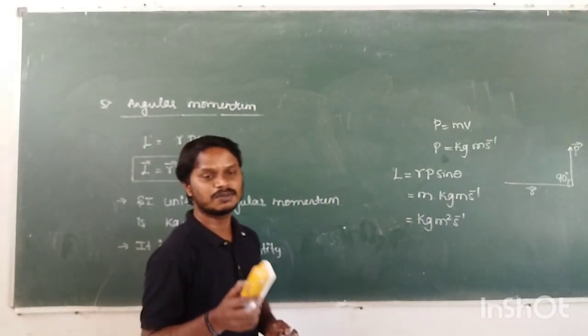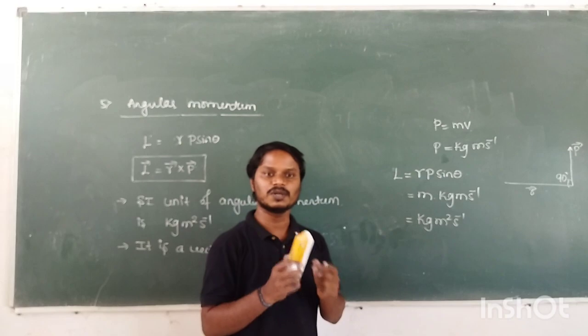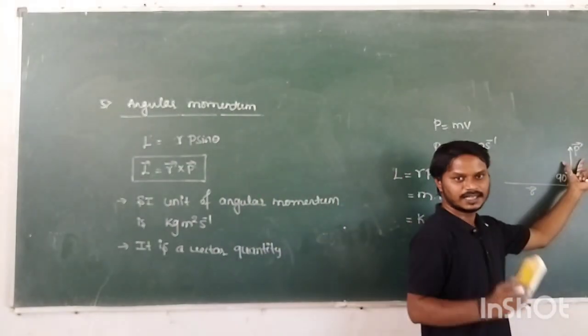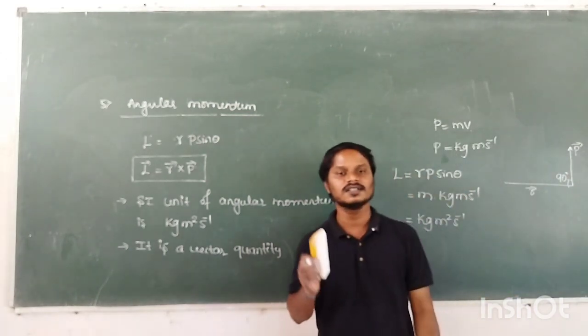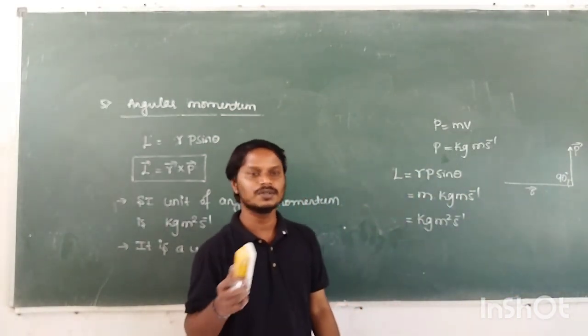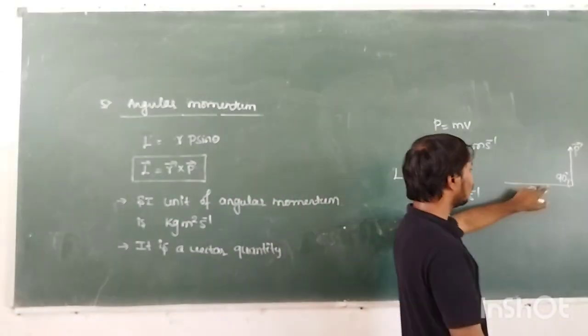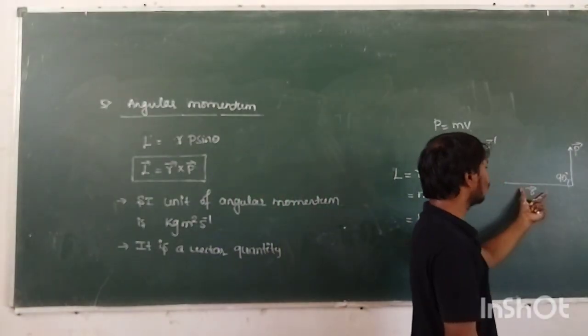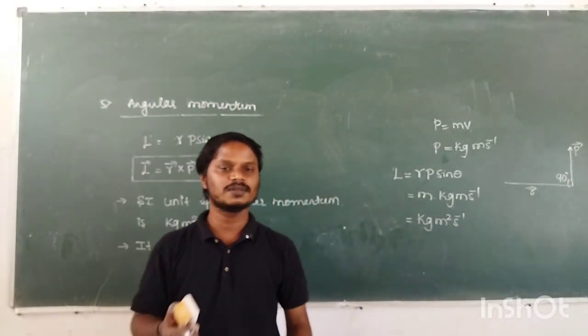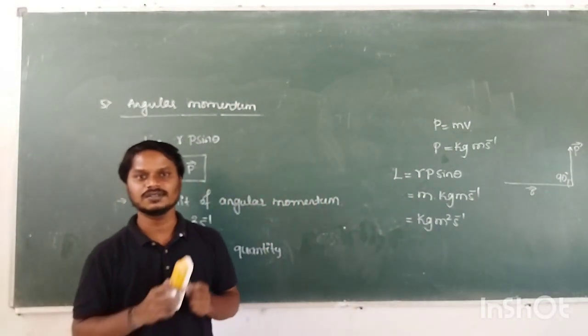So it is maximum only when the angle is 90 degrees, and minimum, that is 0, only when the angle is 0 degrees. Okay. So this is all about some very important terms related to the rotational motion.